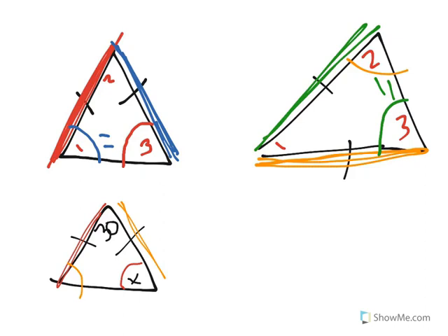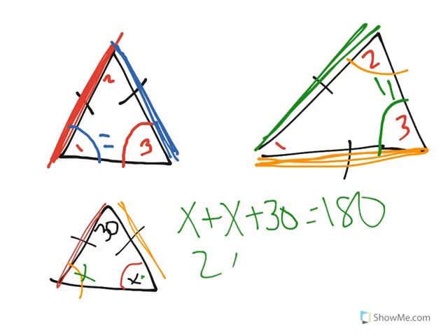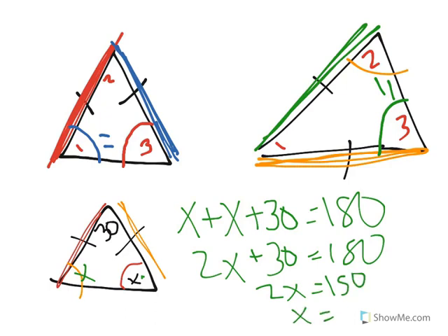Base angles are equal to each other, so since this angle is x, that base angle has to be x. And we could say x plus x plus 30 equals 180. And then solve for x from there. 2x equals 150. x is 75. So that's one way of seeing a problem like that.